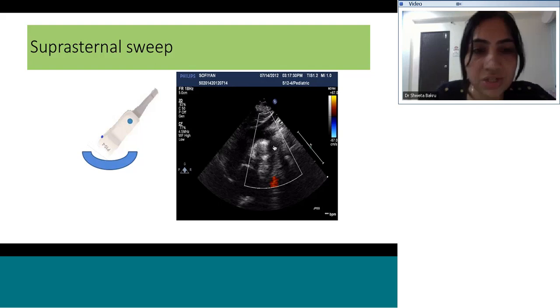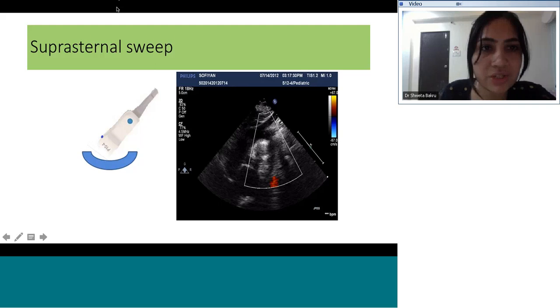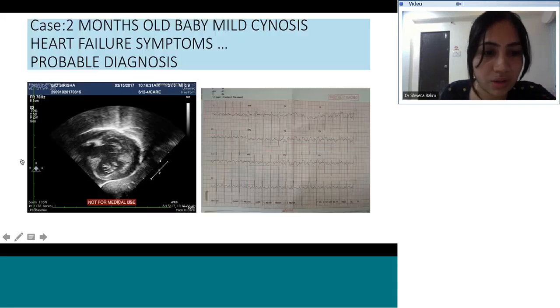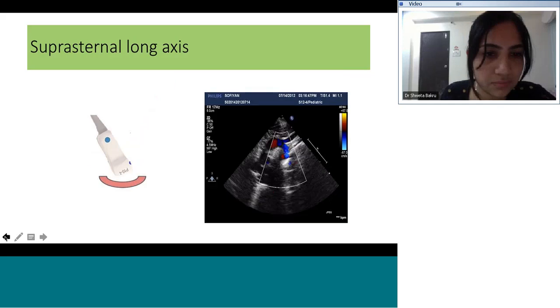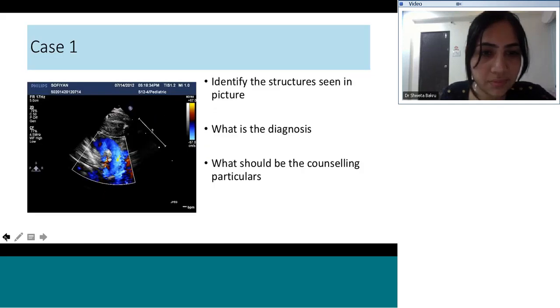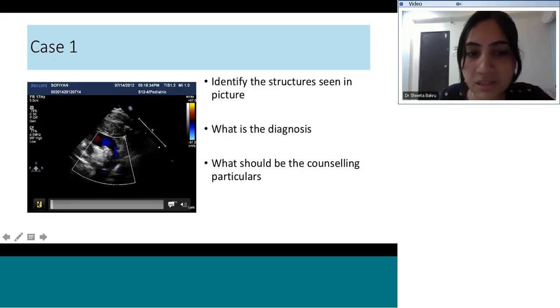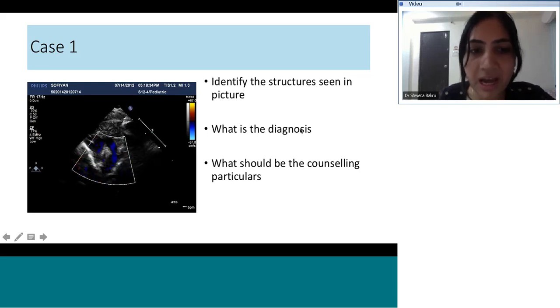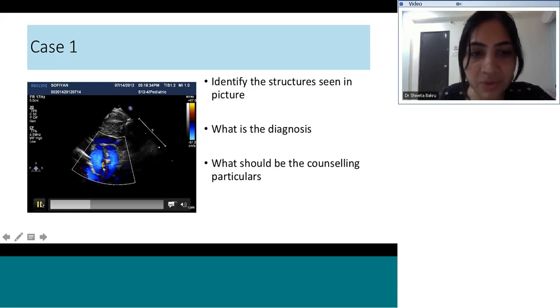That's very good. It's a double aortic arch. So what I showed in the first image, I will just go back. This view is a slightly modified high clavicular suprasternal view, where you are seeing one arch and the other arch.